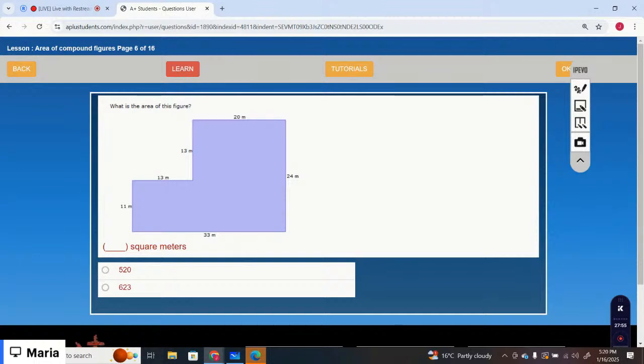What is the area of the figure? That is option number 2. 623 is the correct option.